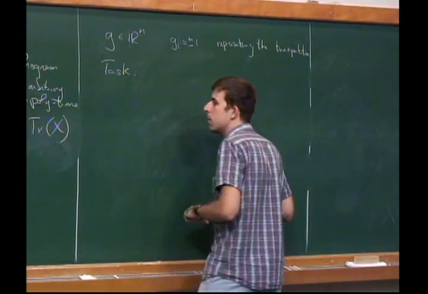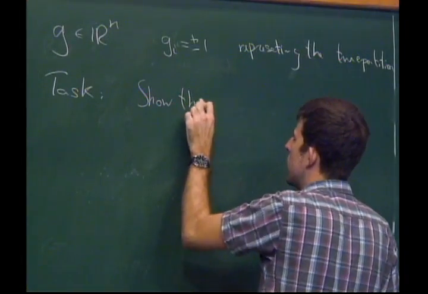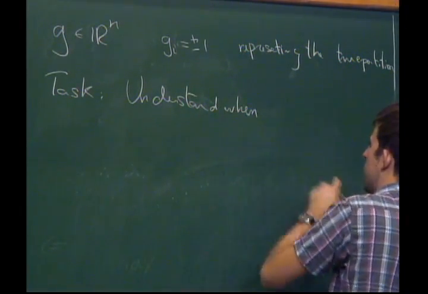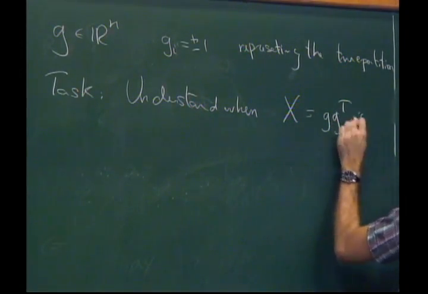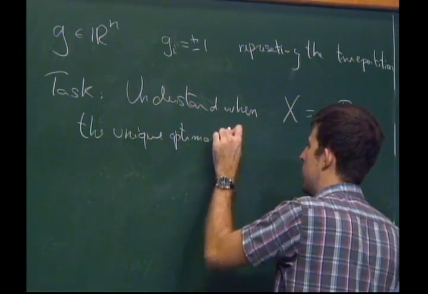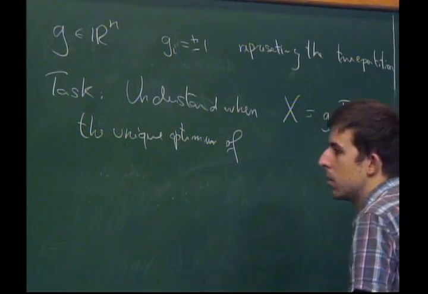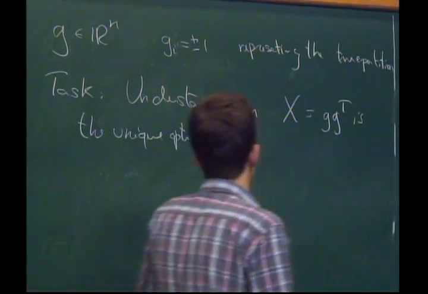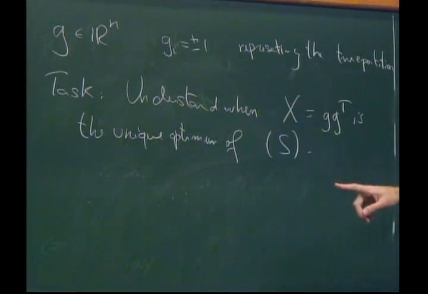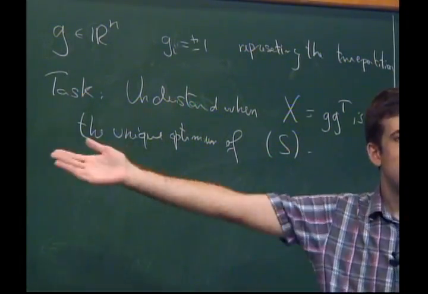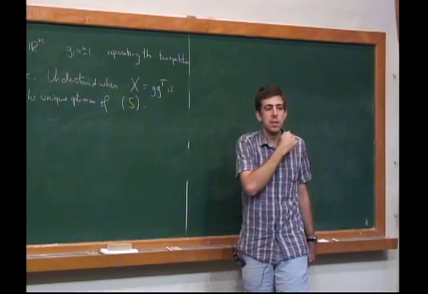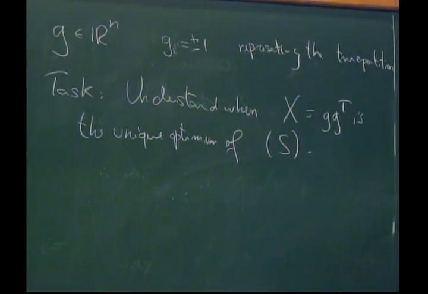The task is to understand when x equals g g transpose is really the unique optimum of 5. Because then it means I can solve the problem. I just pick my favorite semi-definite programming solver, I solve that problem, I get x, and it will be a rank 1 matrix. I just take the leading eigenvector, and I solve my problem. So what we want to understand is when this is the unique optimum.